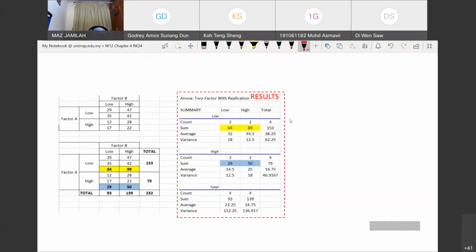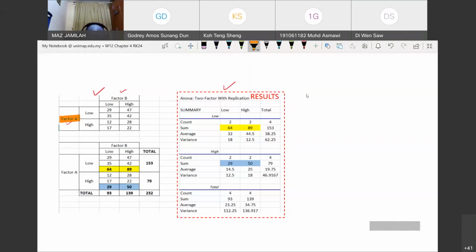This is the data that you keyed in just now, and this is the first part of your result. What you can see in the first part of your ANOVA result is the summary. Now class, we are talking about factor A, factor B. If you look at factor A, you will see that factor A will be at the first one.